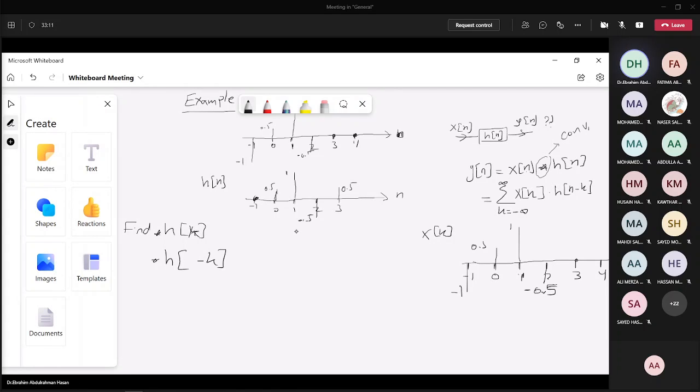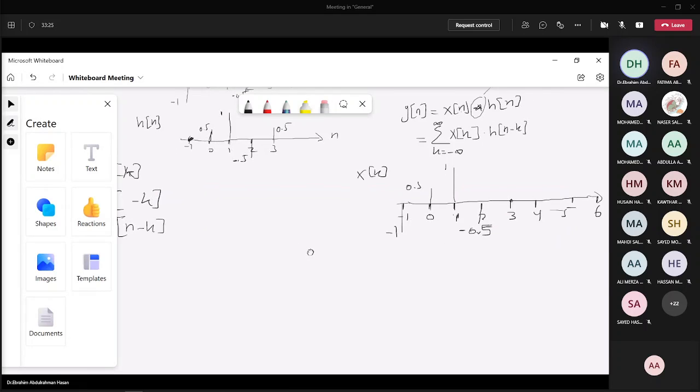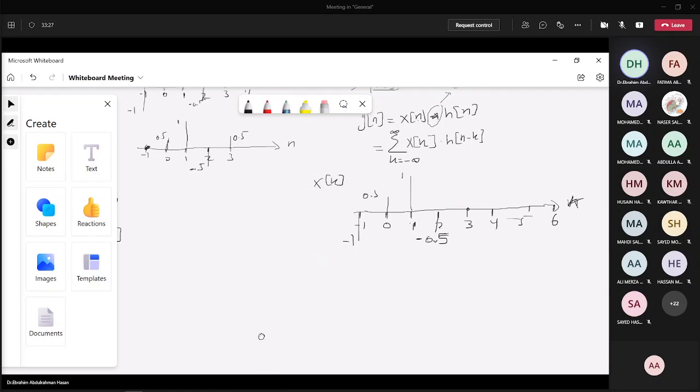And step number 3, you need to shift it to get h of n minus k, so shift it by n. So flip and shift.